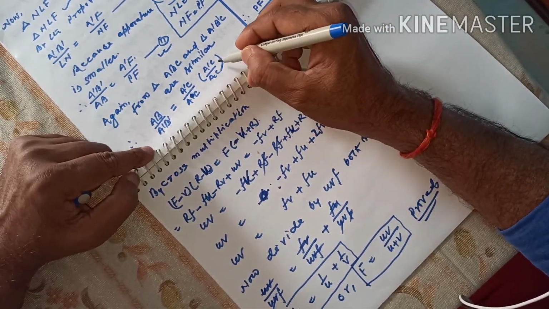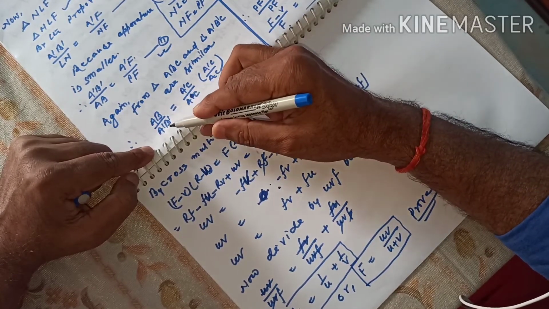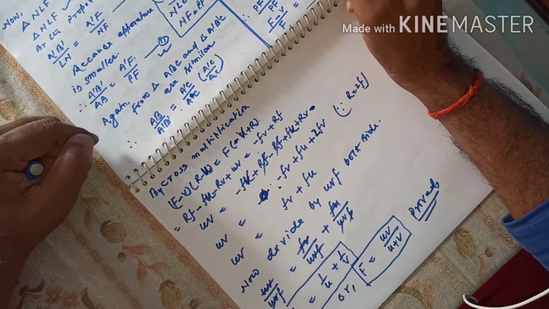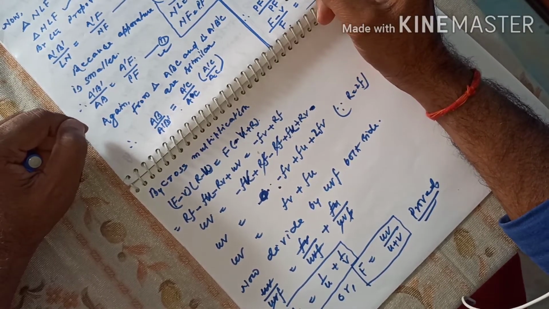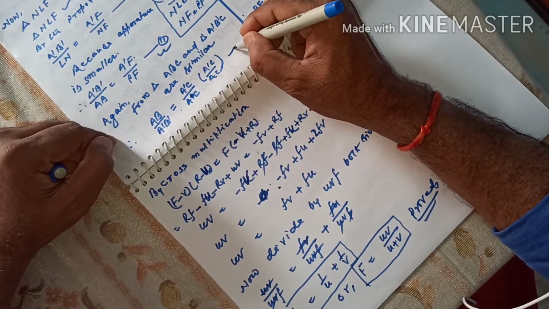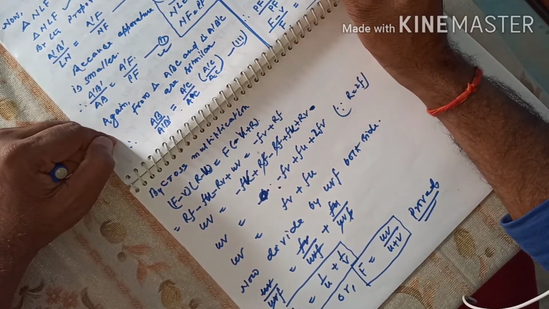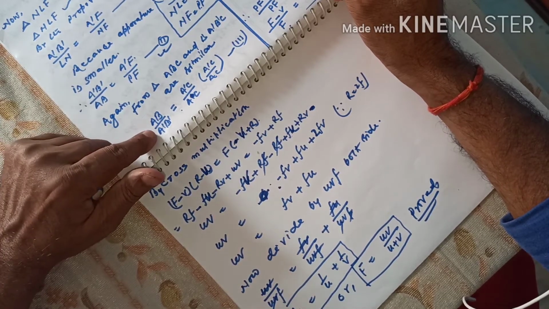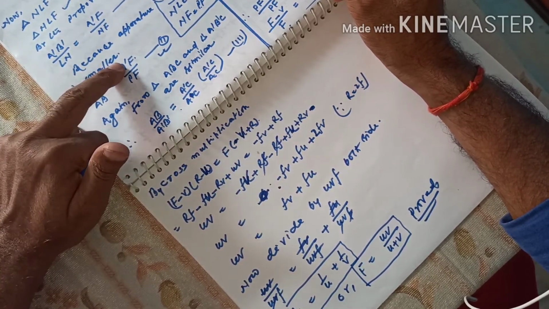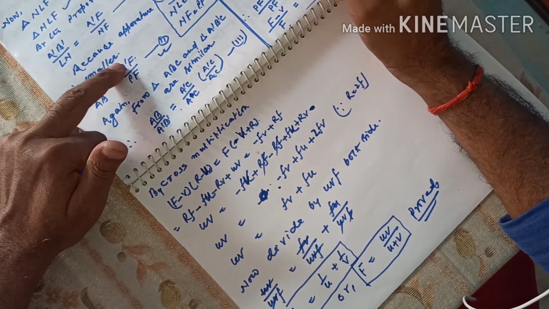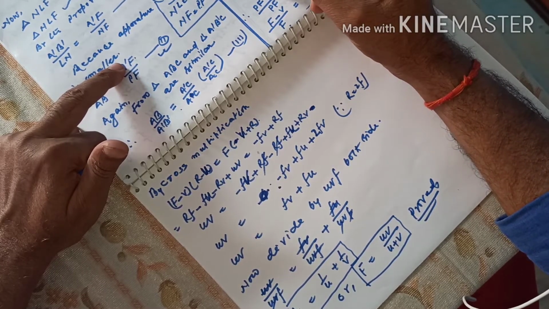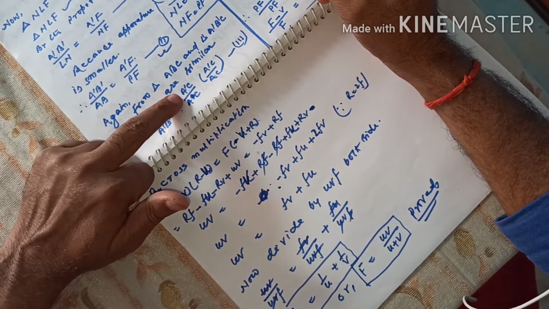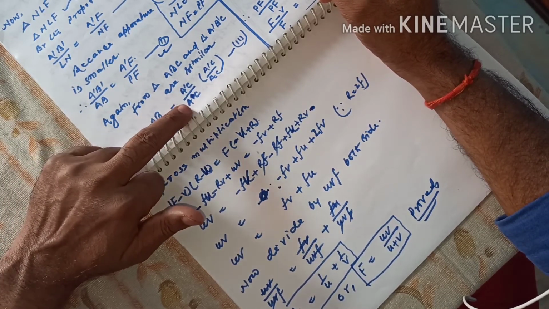That can be written as A'B'/AB = A'C/AC. On comparison, that is equation second. On comparison of equation second and equation third, we get A'F/PF = A'C/AC.